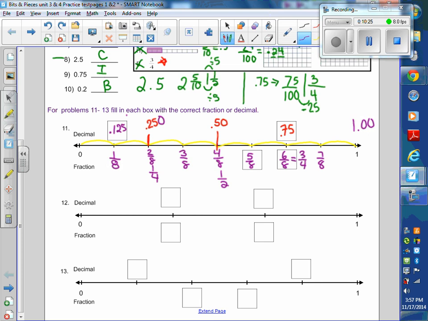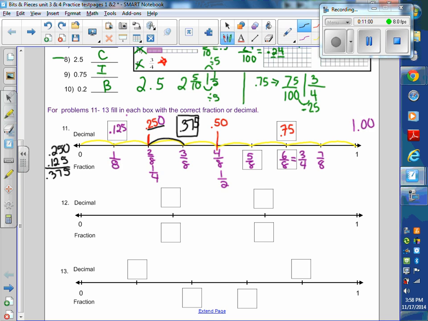So every little jump is 125 thousandths. If you had to figure out, say, one more box, just for practice, you would just take your 250 thousandths, and since you have one more jump to add, you add 125 thousandths to that. 0.375, 375 thousandths.